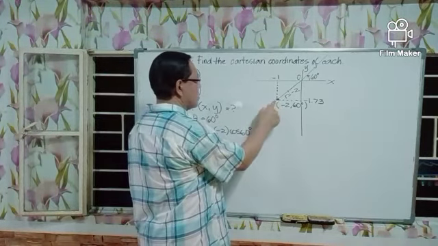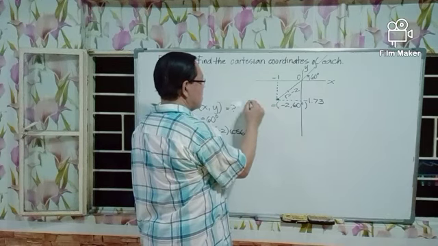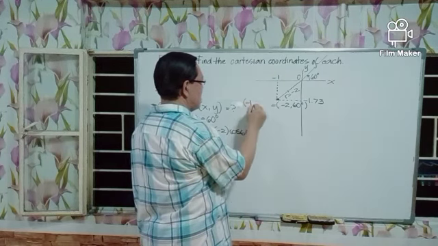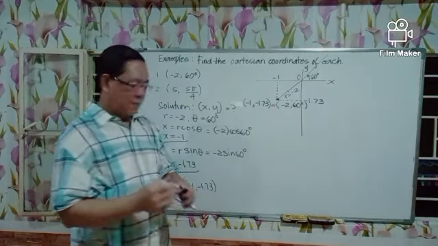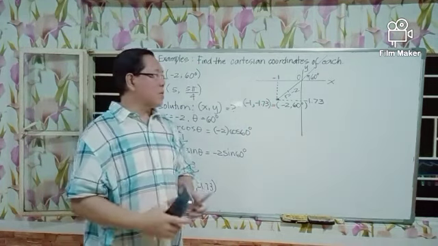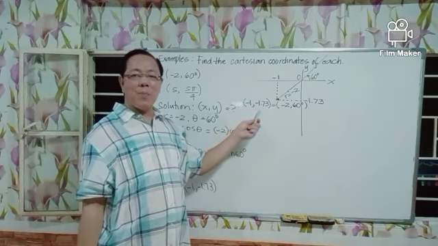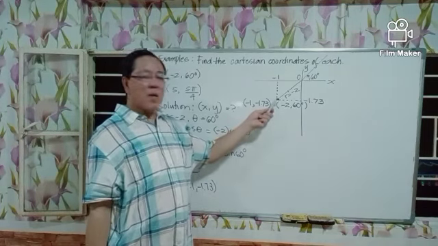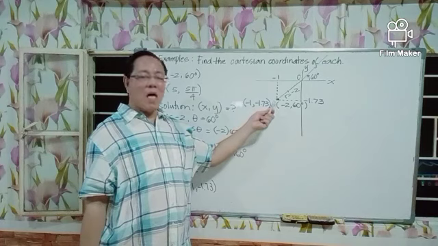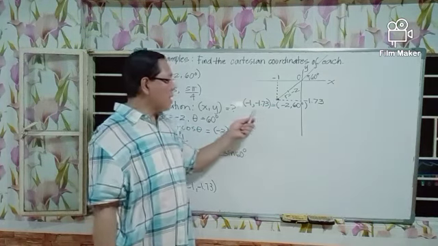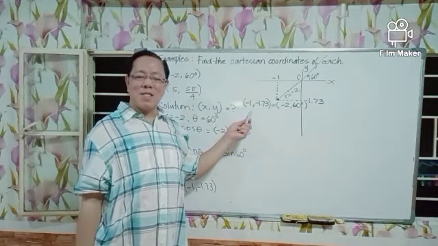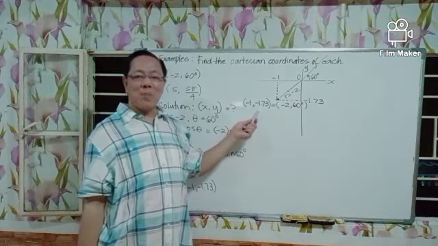And this point has Cartesian coordinates negative 1, negative 1.73. So this point now is represented in 2 ways, as a point with polar coordinates negative 2, 60 degrees, and as a point with Cartesian coordinates negative 1 and negative 1.73.